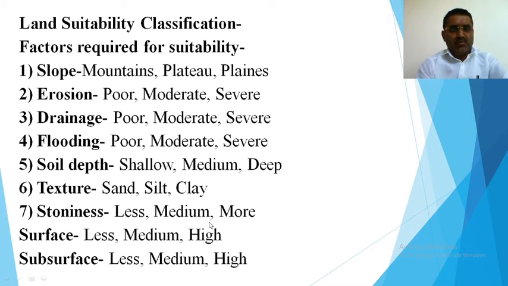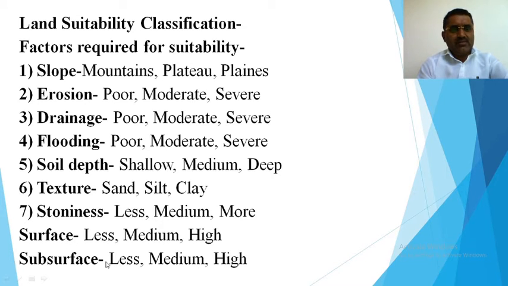Stoniness: less, medium, more, which is similar to the above one. If less stoniness is there, it means there are fewer stones or less ruggedness. Medium stoniness is also harmful, but if more stoniness is there, it is not suitable for agriculture.